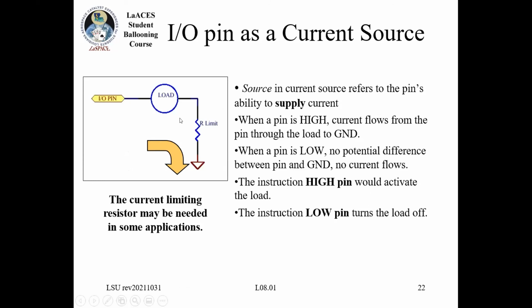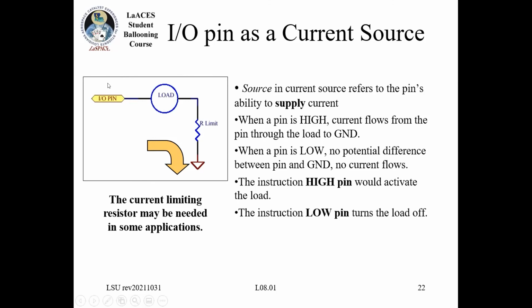One thing that you have to be careful of is how much current you either send in to one of these pins or supply out of one of these pins. In this case, we're looking at supplying current from your IO pin, so that's acting as a current source.